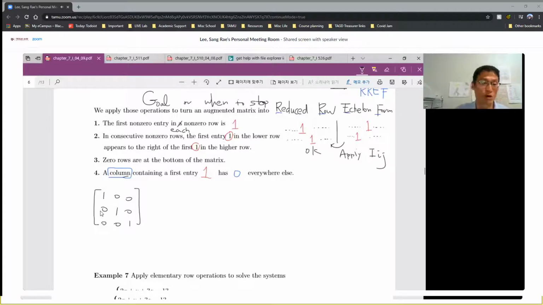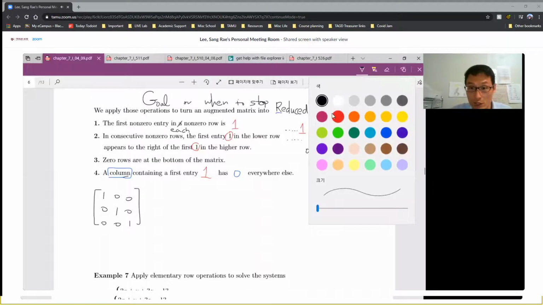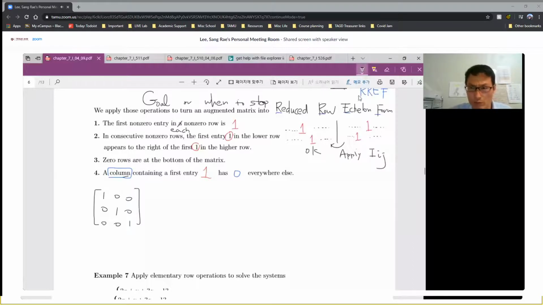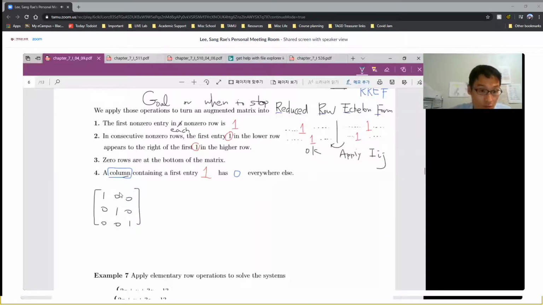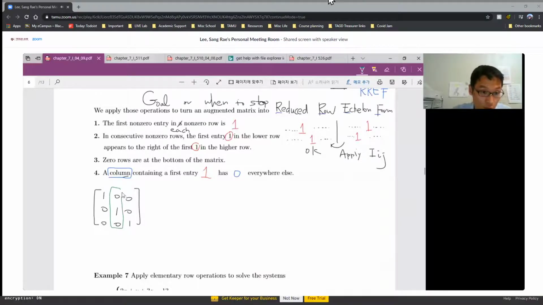Number 4, a column containing a bloody 1 has 0 everywhere else. Let me emphasize this. Look at, for example, column 2. You have 1 here, this bloody 1, and then 0 everywhere else in this column.